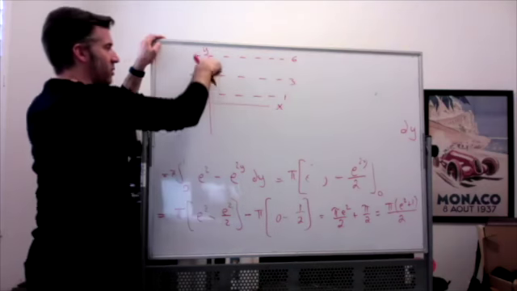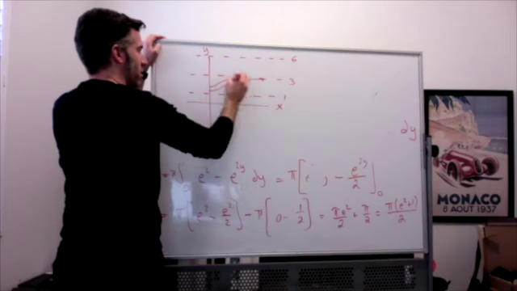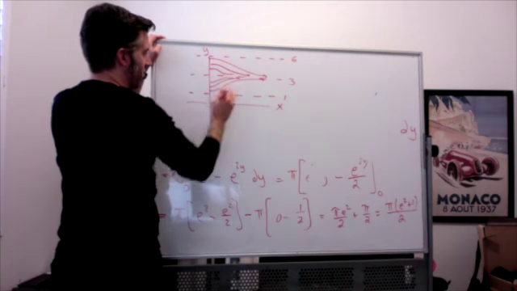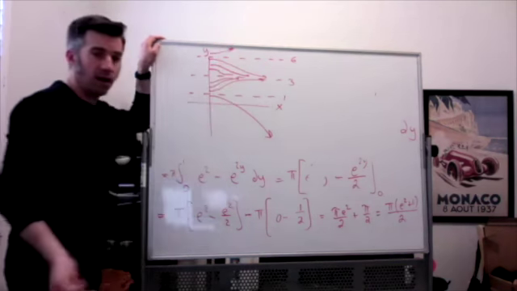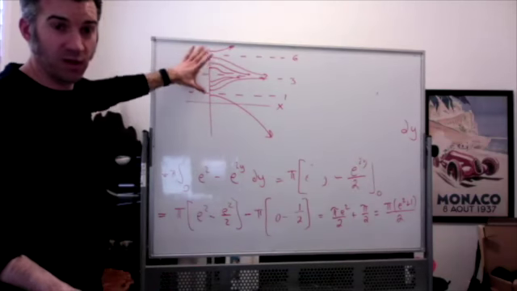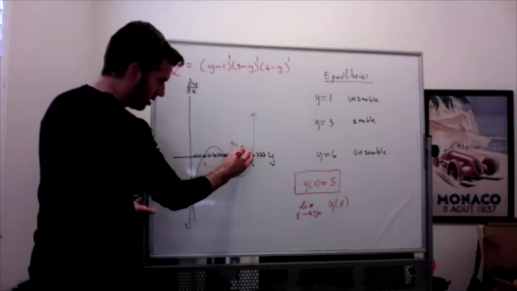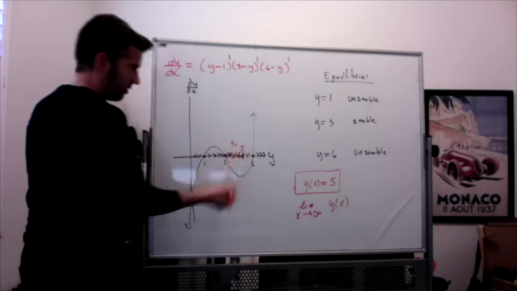If you start between here and here, you're basically going to go up towards 3, like that. Whereas if you start down here, you're going to go away, or up here, away, like that. So here's the thing. We started between 1 and 6. We started at 5. We're going to get closer to 3, which you can totally see. If you start here, you're going to go that way, and you're going to end up at 3.